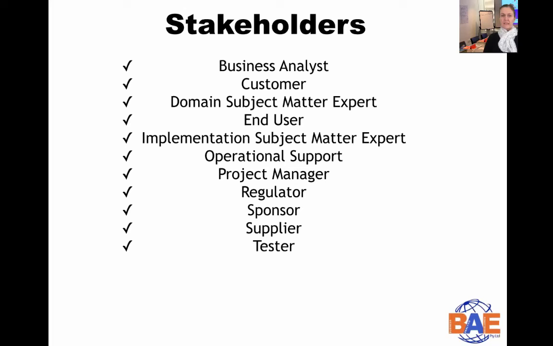What's important here is for you to understand the role of each of these stakeholder types, but also to be able to come up with some examples of alternative roles that these headings could fall under.